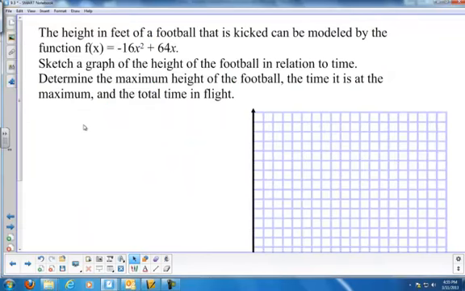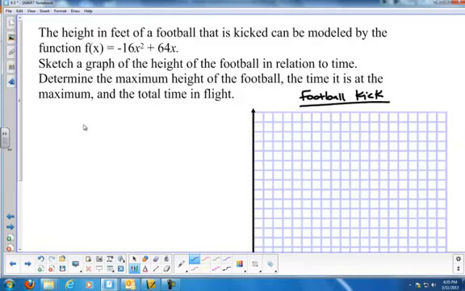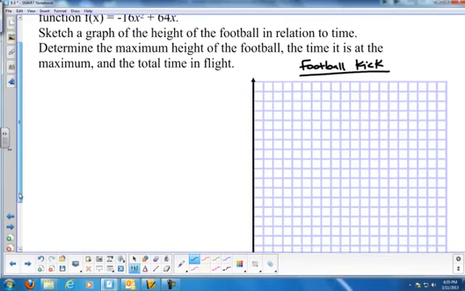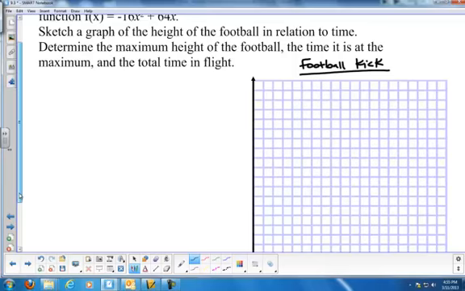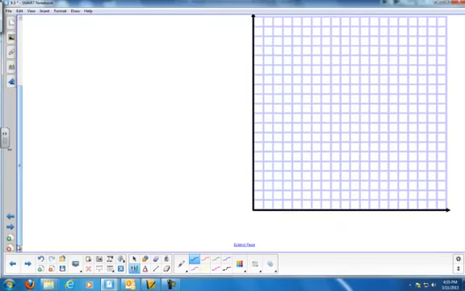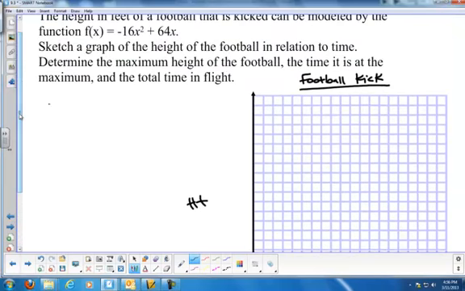For our last problem, we're going to sketch a graph of the height of the football in relation to time. So we might want to title this football kick. And our x value is going to be time, and our y value is going to be height. And the equation again is negative 16x squared plus 64x.